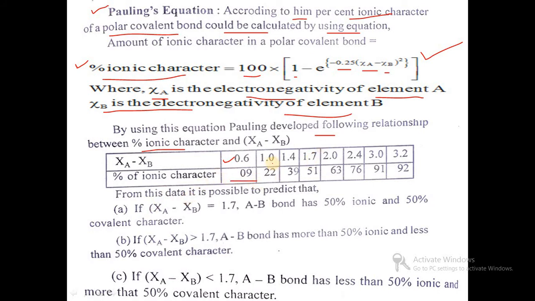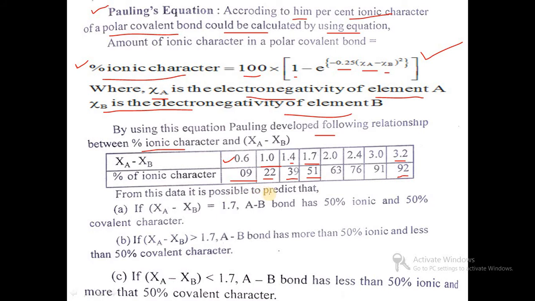If the difference is 1.0, then the percent ionic character is 22. For a difference of 1.4, the percentage ionic character is 39, for 1.7 the percent ionic character is 51, and up to 3.2 it is 92%.